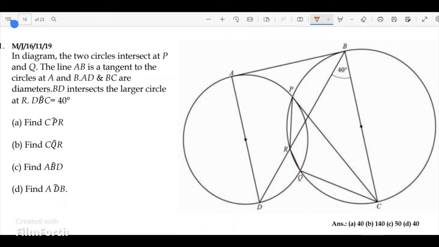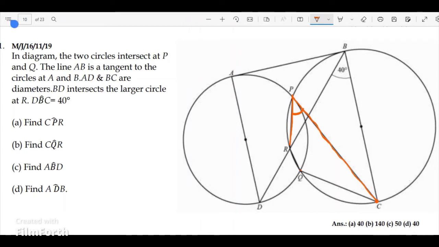So first we have to find CPR. C, P, and R, this angle. So let's just go down and see where this angle is coming from. This angle is coming from this line, and this line right here that's going all the way down to this point.